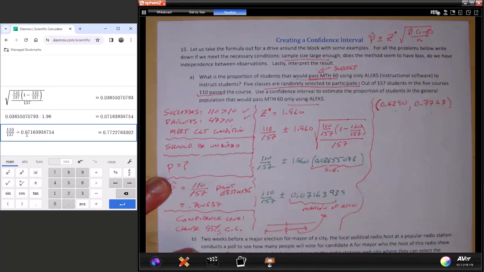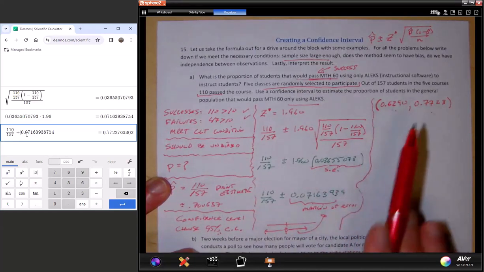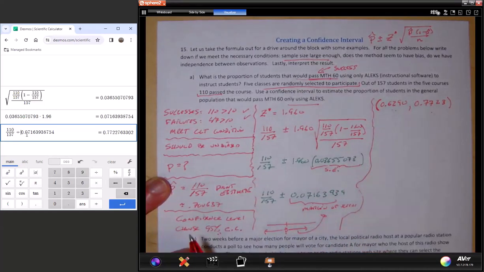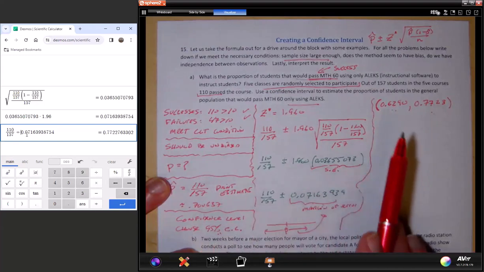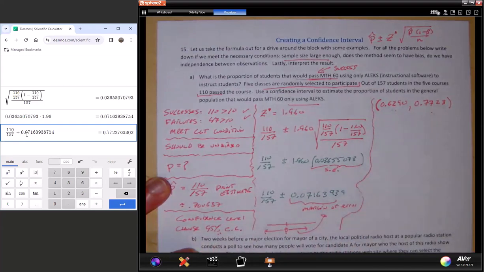Give me your belief that this particular interval with these two numbers contains the true parameter. And that's what I'm about to write next. So we don't say there's a 95% probability, for example, that this interval contains the true parameter, because the probability is in the future. It hasn't happened. We're not looking at something that has already happened. So instead, we'll use this phrase.